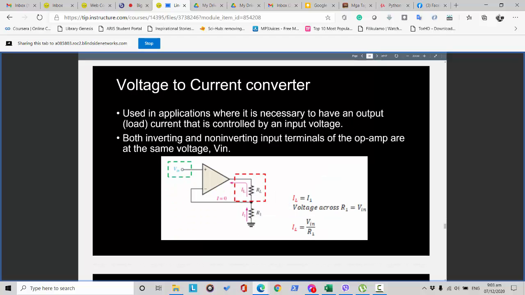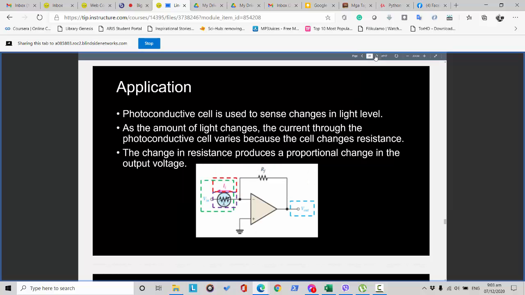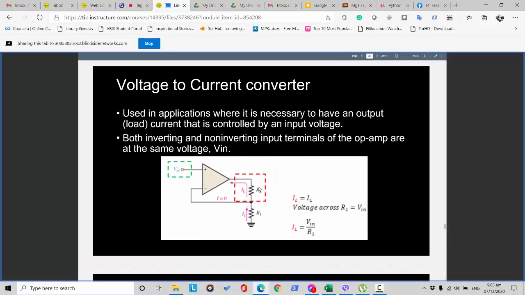Now another example. Now we have here the current to voltage. The other one is voltage to current naman tayo. No? So this voltage to current converter is also another type of operational amplifier. Actually, voltage and current are the basic electrical quantities. We already know that, right?